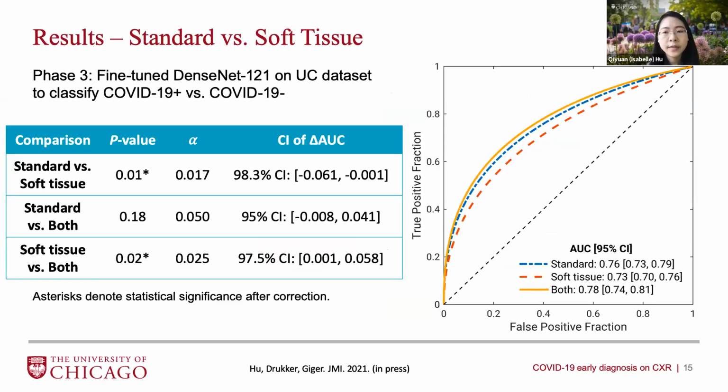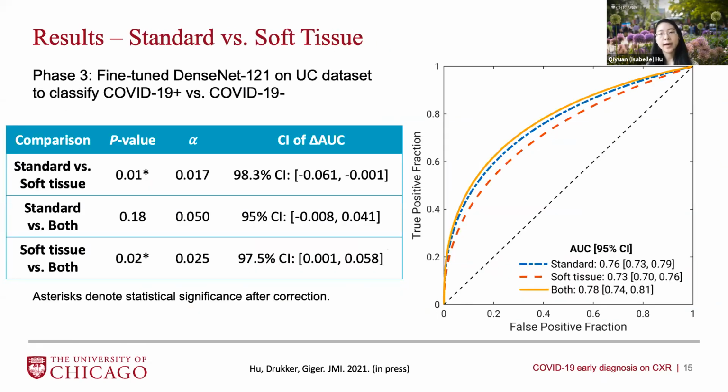So we achieved AUC values of 0.76, 0.73, and 0.78 when using cropped standard CXR, cropped soft tissue CXR, and a combination of both. And soft tissue images failed to demonstrate significant additional benefit in terms of AUC.